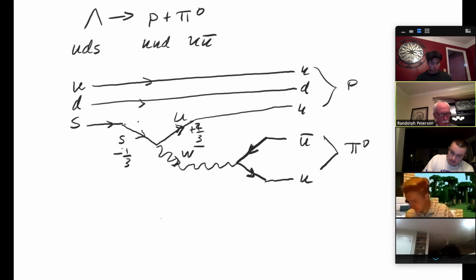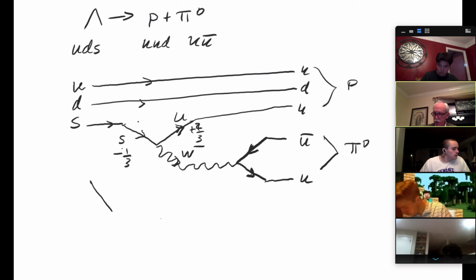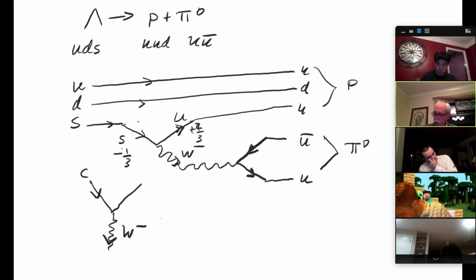So the only rule on this is whether you need a W plus or a W minus depends upon the charge of the quarks before and after. And what's on the left, they showed that branch with the W minus going down, and that's where the charm was coming in and the strange was going out.